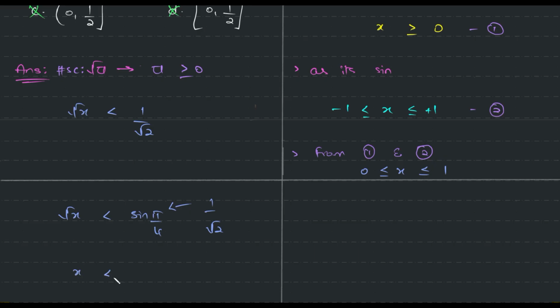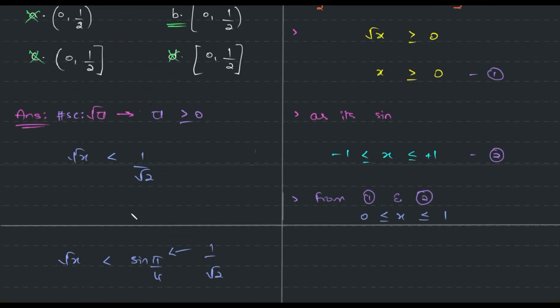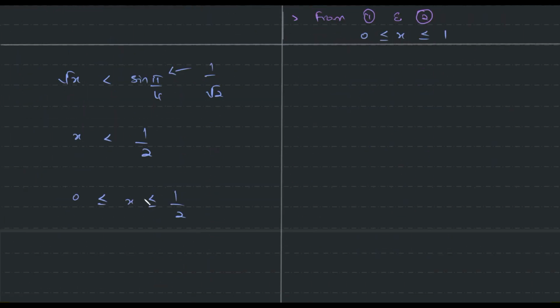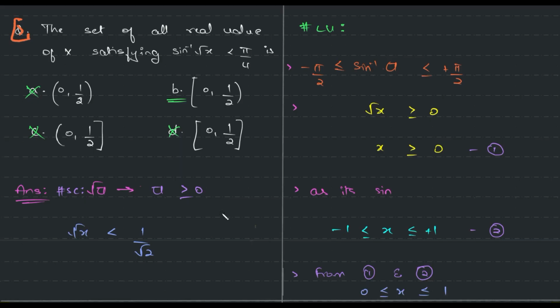If I consider just the positive value, this gets converted to x being less than half. We don't have to consider the negative value because it can't be less than 0, so let's not even bother with that. So it has to be less than half. Can it be equal to half though? Oh no, it cannot be equal to half, right? And so we got the same answer.